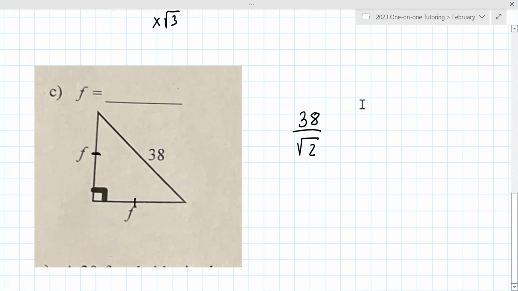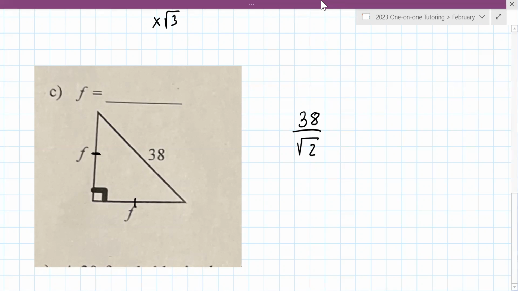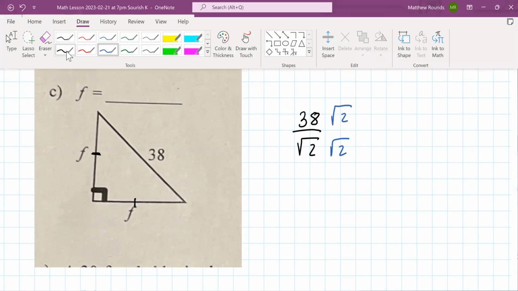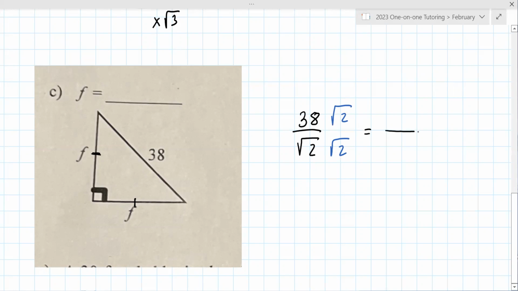All right. So do you remember how to rationalize this? Yes. You multiply the top and bottom by the square root of 2. So the top and the bottom, and that's 38 square root of 2 over 2 square root of 2. What is the square root of 2 times the square root of 2? Square root of 4.